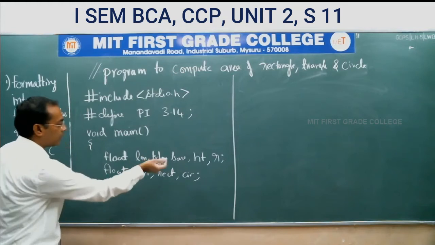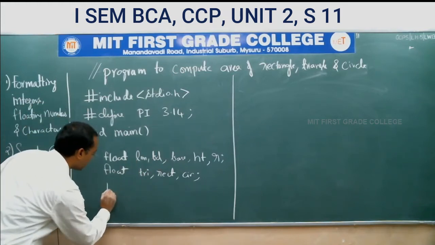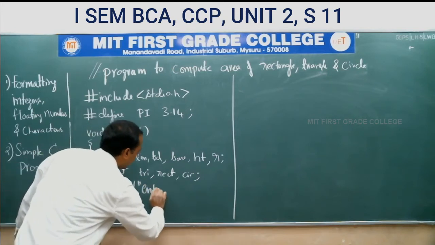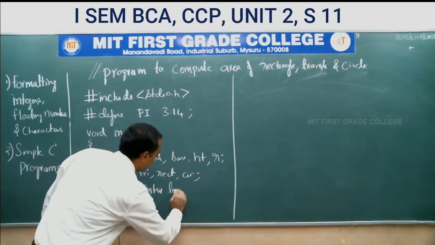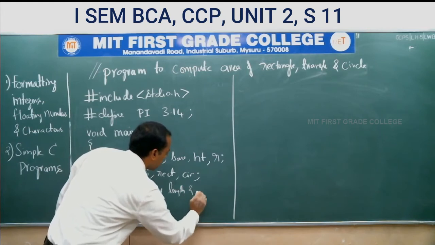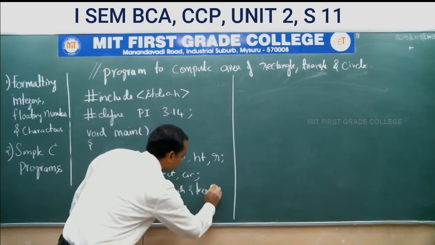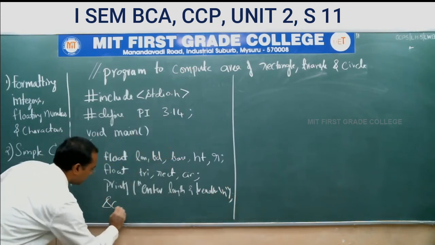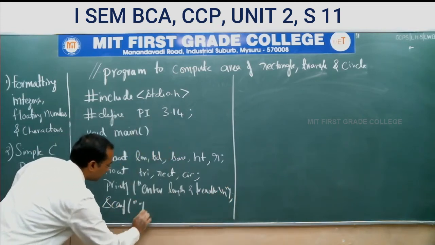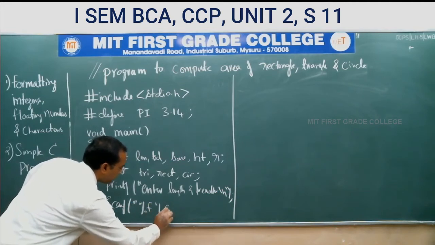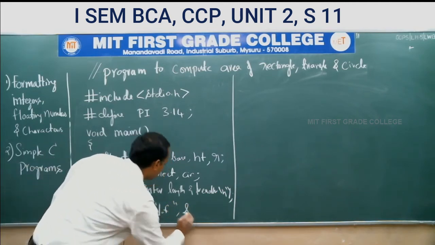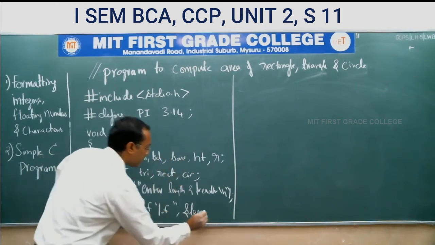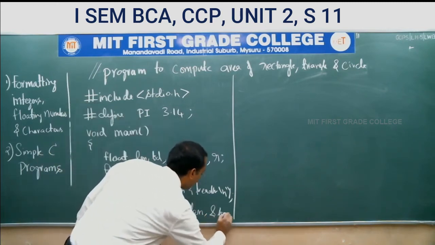Let's accept the input variables. Printf "enter length and breadth\n", scanf "%f", &len, remember you need to use the same name of the variable, &bd.